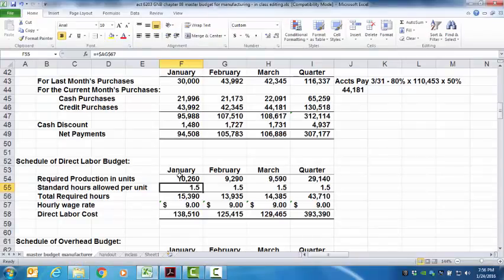So you know the units we have, we know each unit takes 1.5 hours, so if you multiply those two together, you know the total time. And since you're paying $9 an hour, you can multiply the rate times the total time and you get your labor cost. I can do that for each month, and then of course I can just total across for the quarters over here. Now the labor budget is not as difficult as you can easily see.